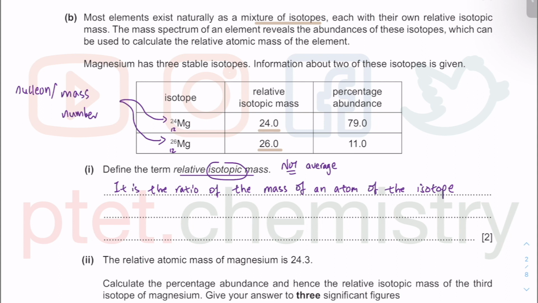I'm referring to an atom, that means 1 atom, and this is relative to 1/12 the mass of an atom of carbon-12 isotope. Okay, the 1/12 is essential. In fact, this thing here is common across all the other relative atomic, relative molecular, as well as relative formula mass definitions. Because I was comparing 1 atom, this is 1 atom there as well.